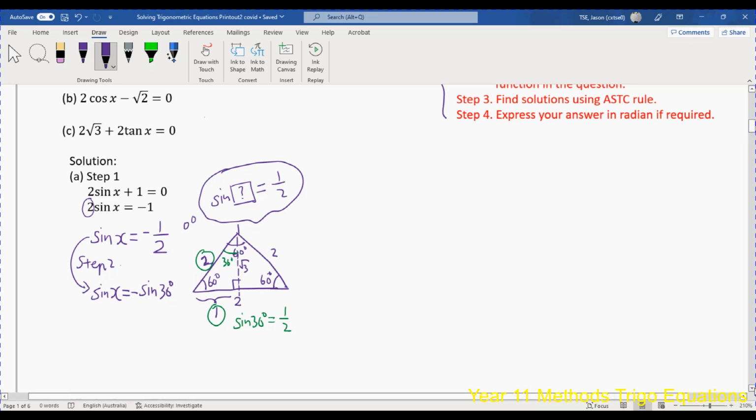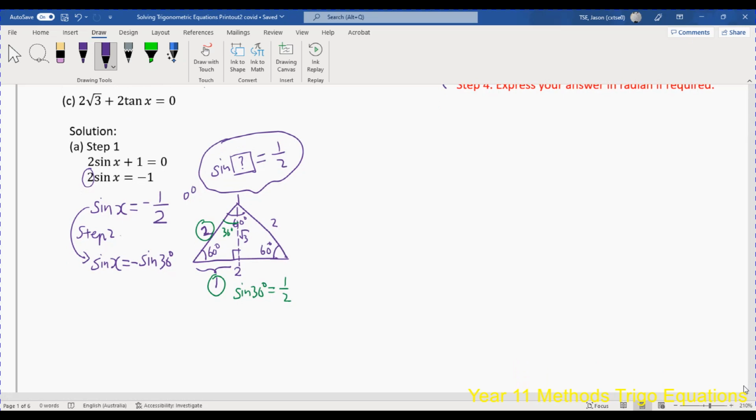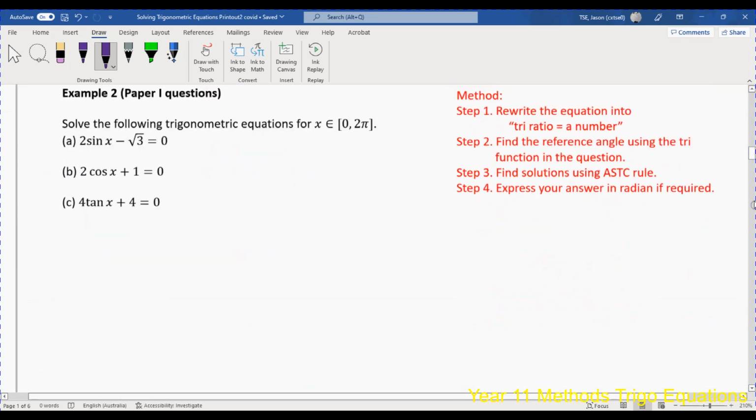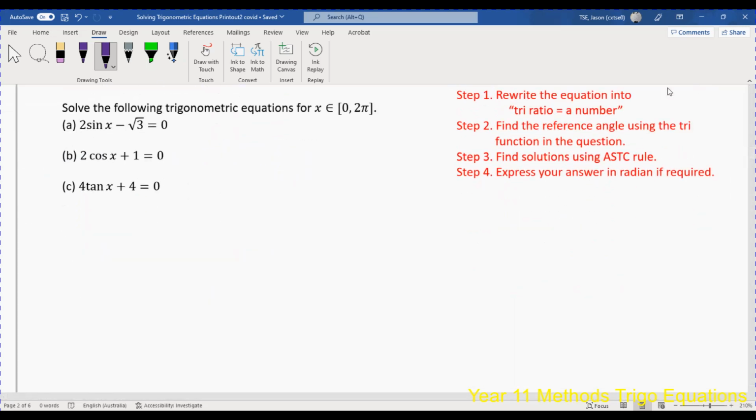So we try to use degree as long as possible until the final step. That's my strategy. If you don't like it, you can use radian from the start. Sine x equals minus sine 30. So at least I know the reference angle.